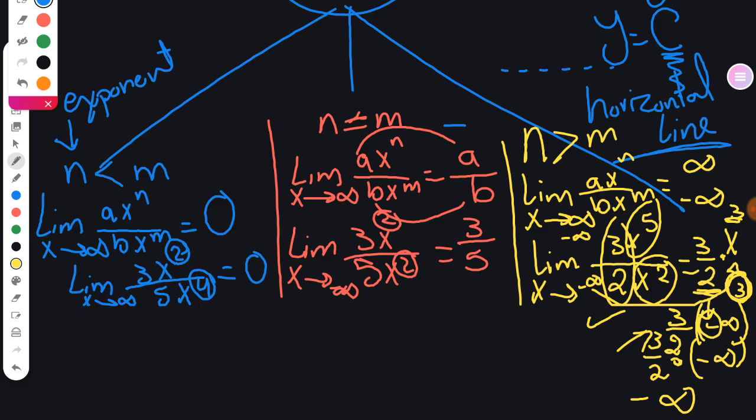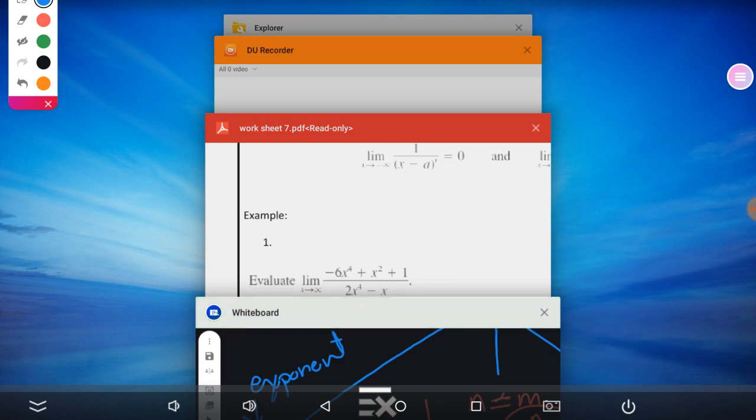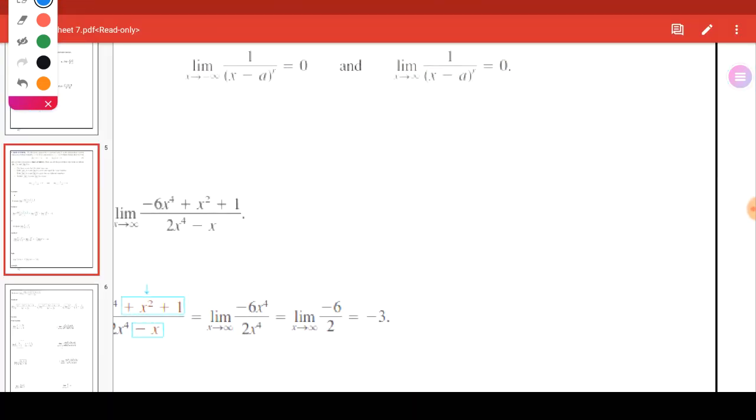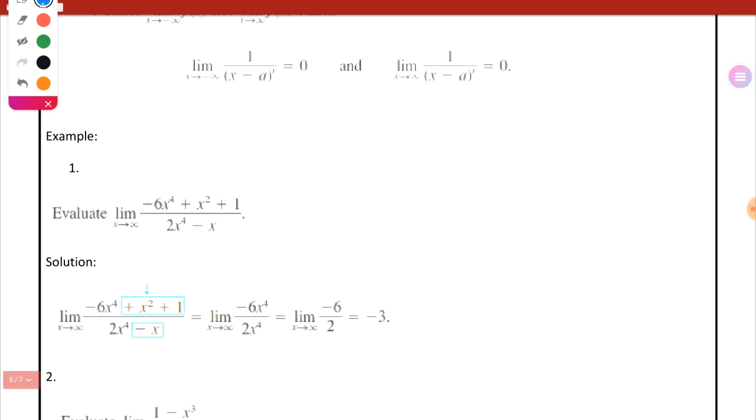But don't forget the product rule of the sign: how to multiply negative by negative, negative by positive. Don't forget the rule of multiplying integer numbers or the sign. Okay.